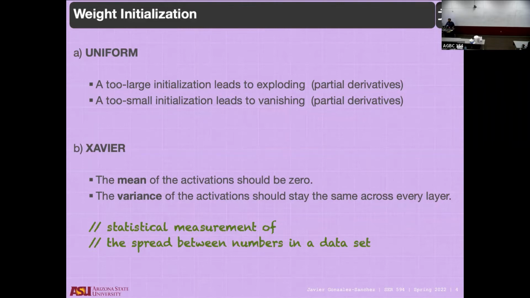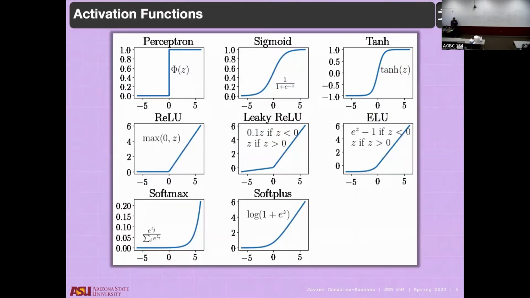Activation function, I showed you this picture a long time ago, something that now we cover, something that now you understand. At least we use the sigmoid and we use the ReLU.